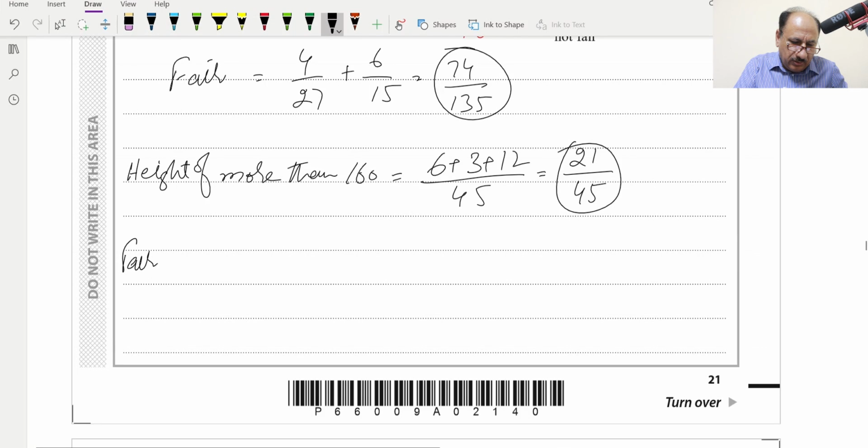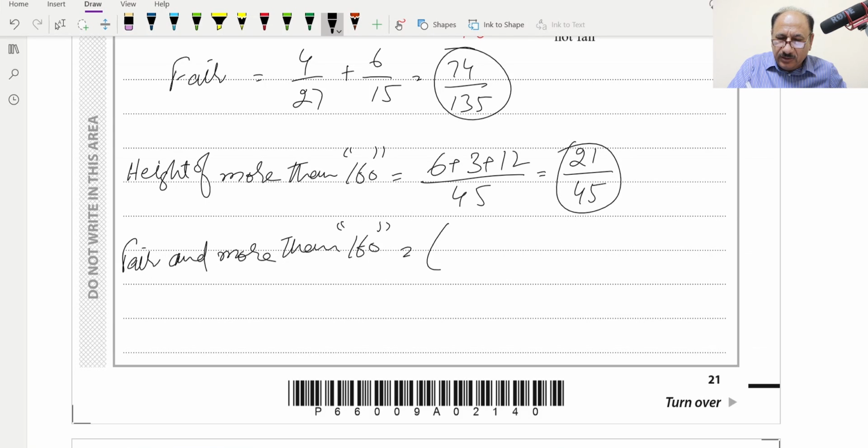So fair and more than 160, this will be equal to what?